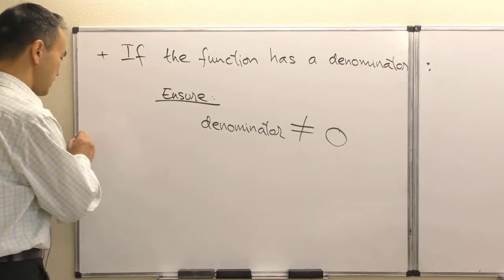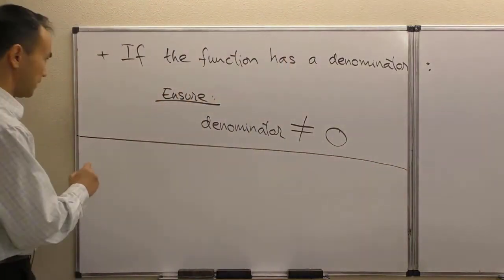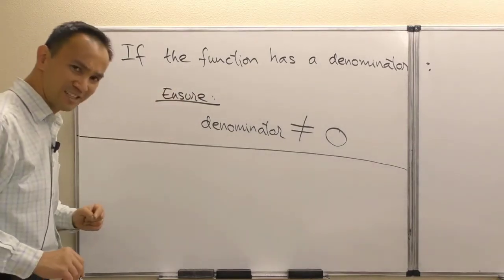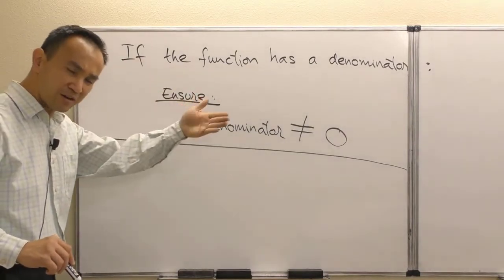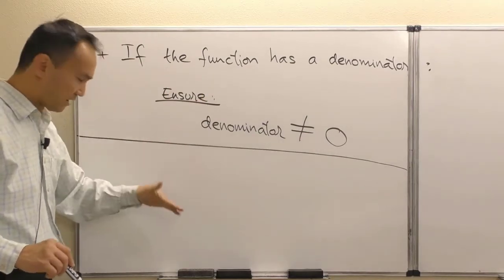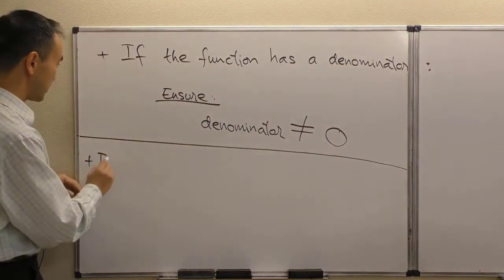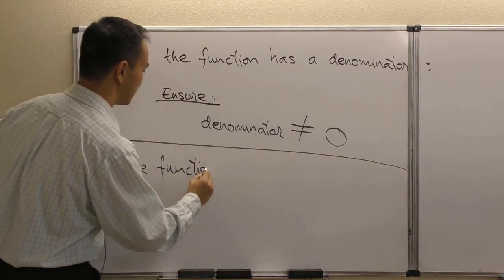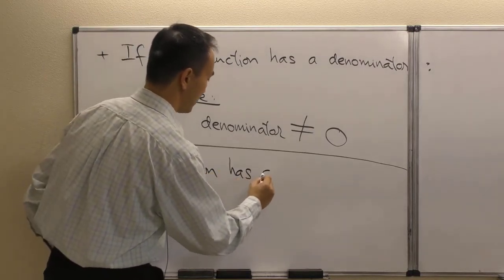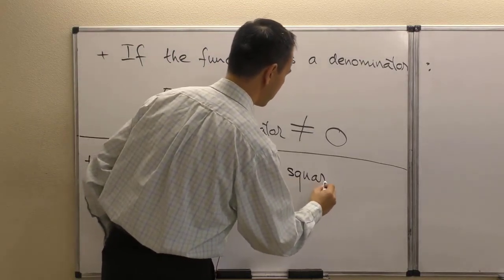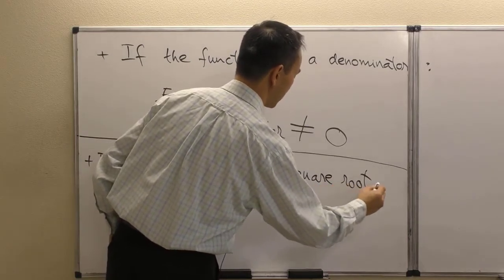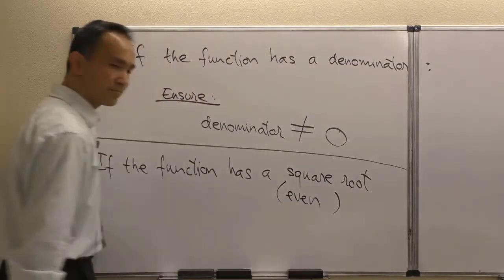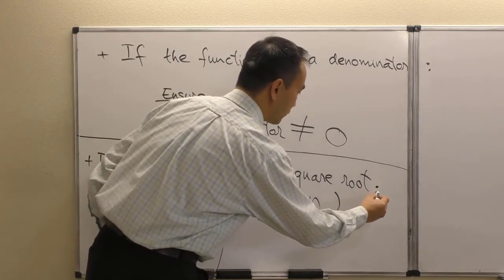Okay, and in another case, and there will be times where the two problems come together, we have functions that have both denominators and square roots, but for now I'm tearing it down into two separate cases. So if the function has a square root, or more specifically, an even root, then this is what we do.